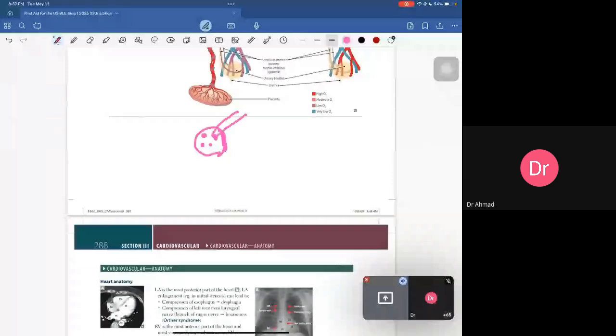The pulmonary veins drain into the heart here. The points where the pulmonary veins drain into the heart are known as the ostia of the pulmonary veins, or the origin of the pulmonary veins. These are the points where atrial fibrillation will arise.